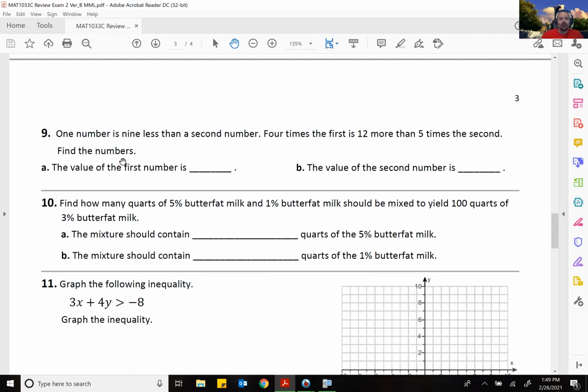So if we look at number 9, it says one number is 9 less than a second number.